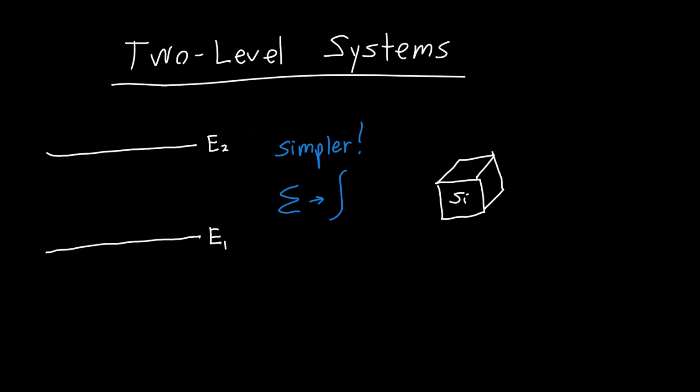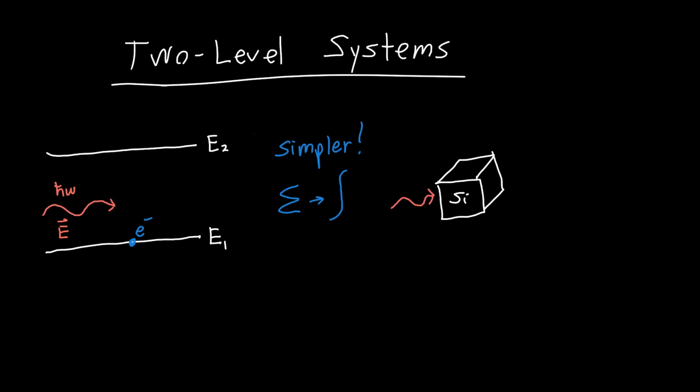So if we've got a chunk of semiconductor and we irradiate it with some light, we want to know what happens. Similarly, we want to know what happens when we irradiate our two-level system with light. Let's say for now that we've got an electron in state E1, and an incoming light of some frequency, or equivalently some electric field strength.